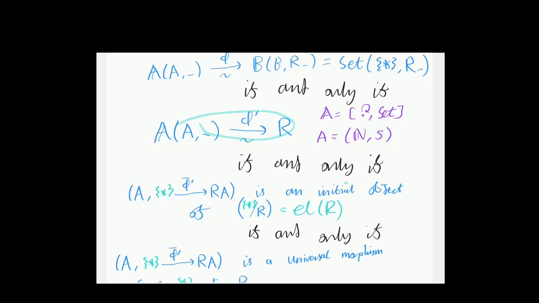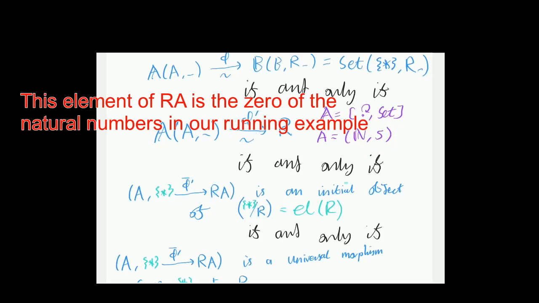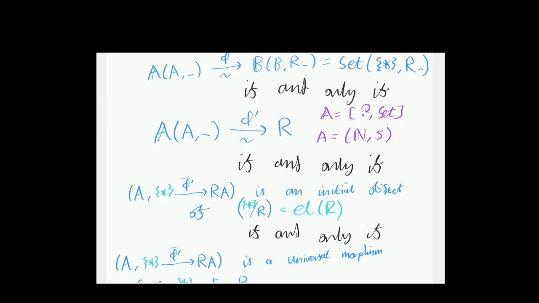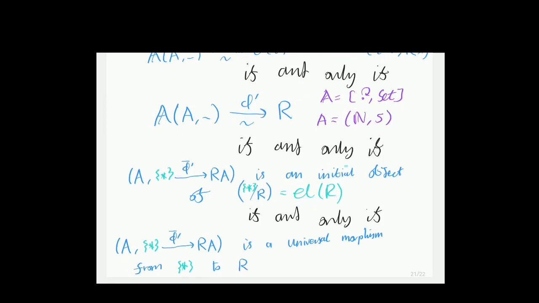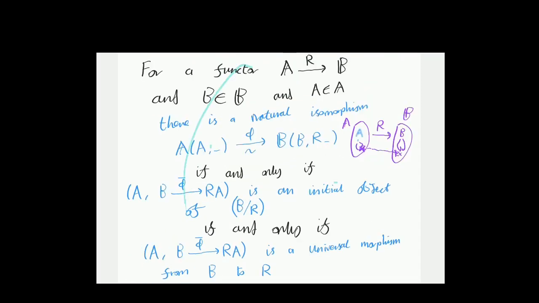So when we find the element of R of A which corresponds with this natural isomorphism, this tells us that that's going to be an initial object of our category of elements of our forgetful functor, and that's exactly what we saw before. So I've shown that this big result demystifies what I was saying about 0 and the natural numbers.